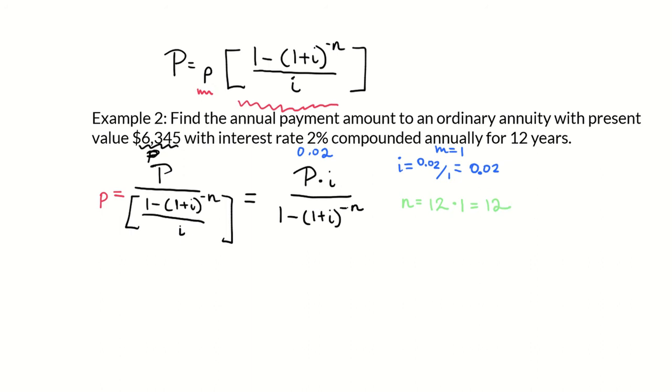And now we have the information needed for this equation. So the payment P is equal to the present value, 6,345, multiplied by I, which is 0.02, divided by 1 minus 1 plus I, which is 1.02, raised to the negative n power, so raised to the negative 12th.